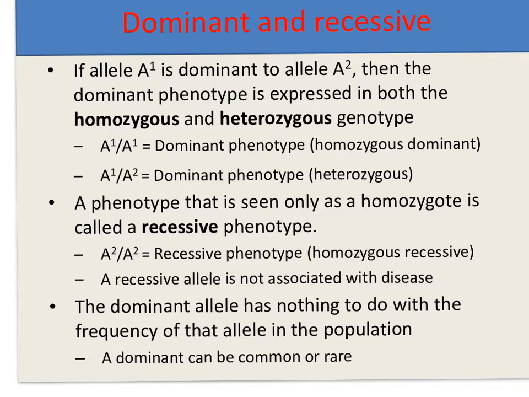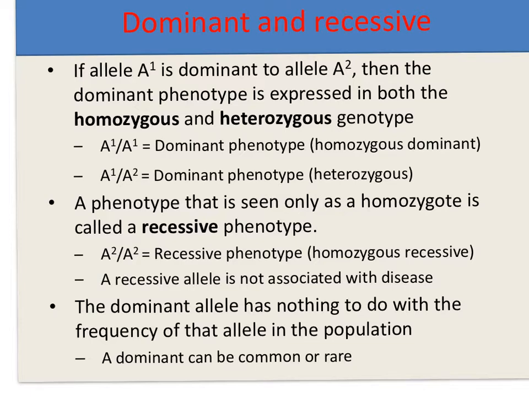That means an individual with even one copy of A1 or two copies is going to express the dominant phenotype. Kind of like those with HbAA or HbAS have basically normal red blood cells. Okay? So, in that case, HbA, the normal type, is dominant.